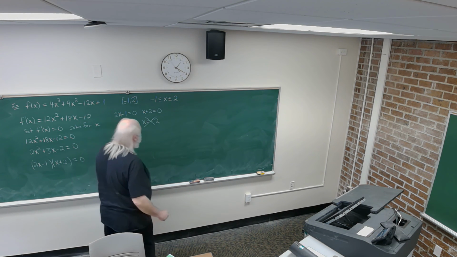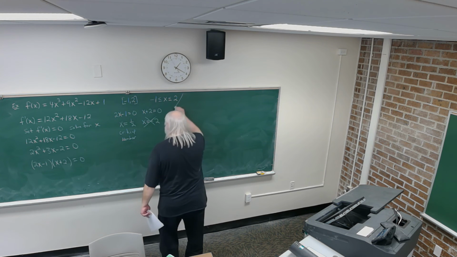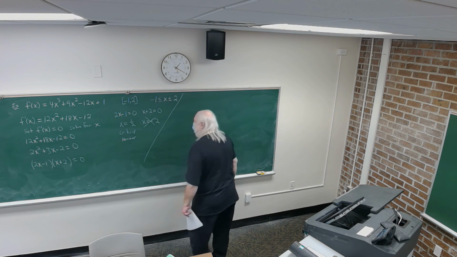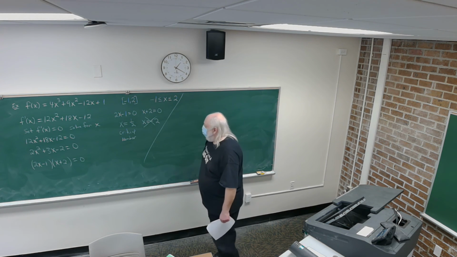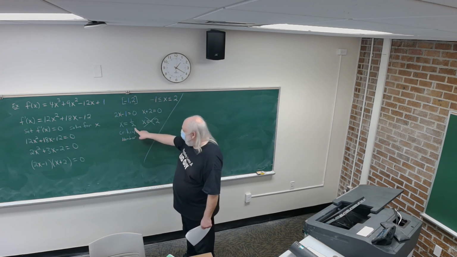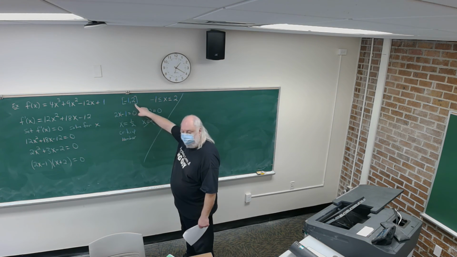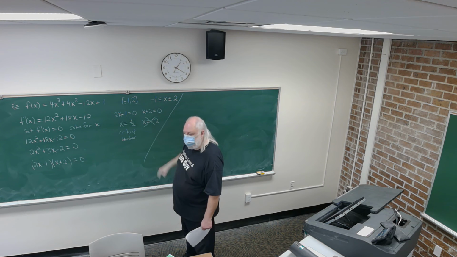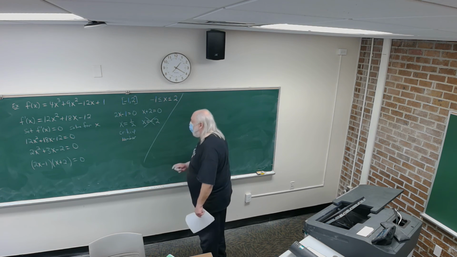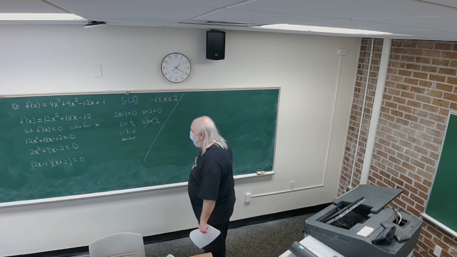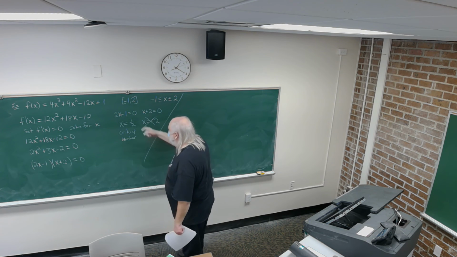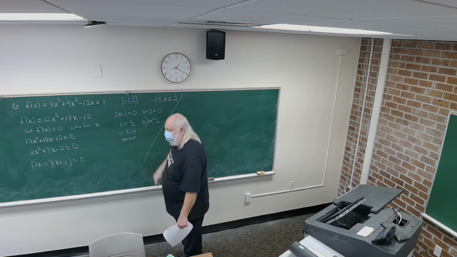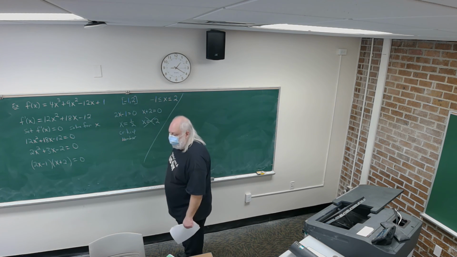So next step, evaluate the function at the critical number 1/2 and at the endpoints, minus 1 and 2. Now this is just a Robert Bell thing. You don't have to do it this way, but I always list out the endpoints and the critical numbers in sequential order.